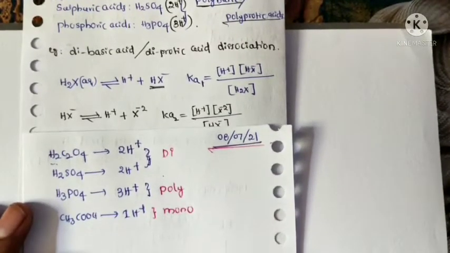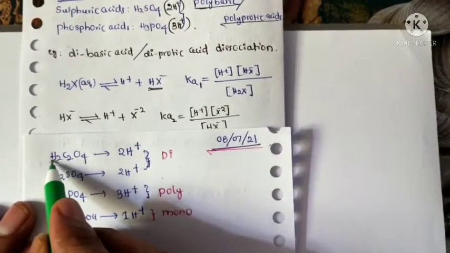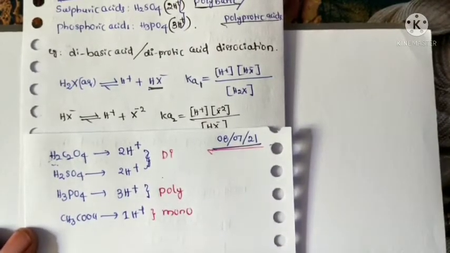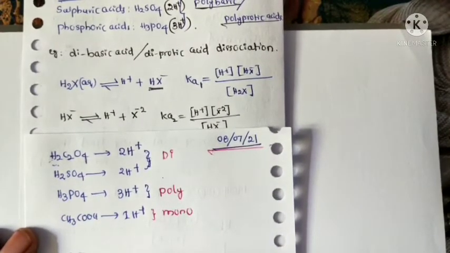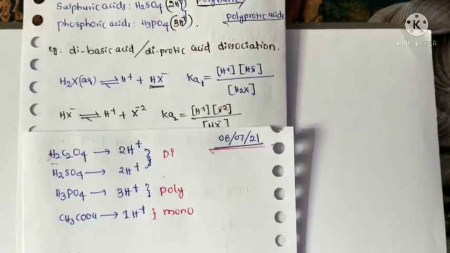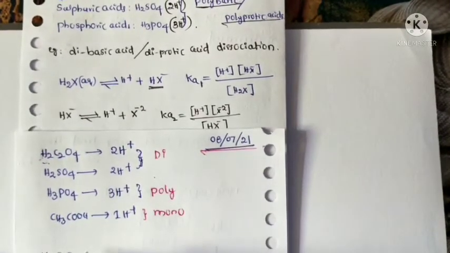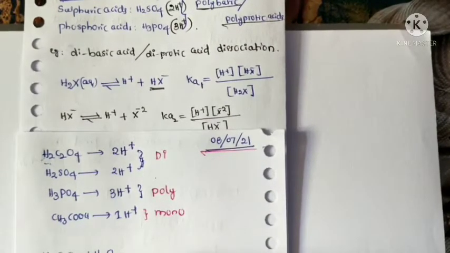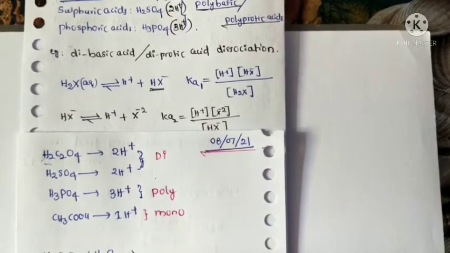First of all, we take oxalic acid, H2C2O4. It is dissociated in water, so it is a weak acid. That's why equilibrium will be established.